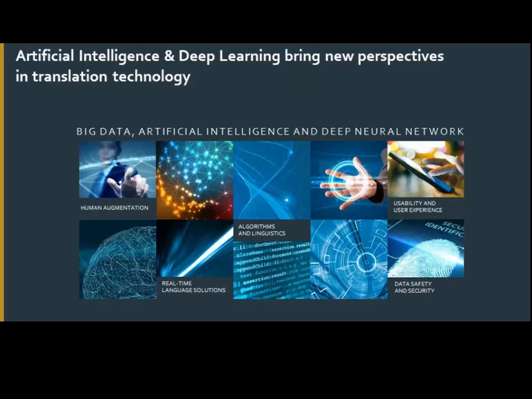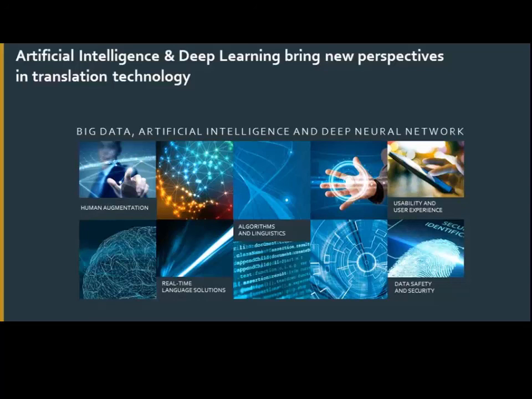Because of the convergence of 3 phenomena: big data, the progress in artificial intelligence algorithms, and also the computing power of machines, because you really need computing power to work with AI in languages. These 3 phenomena allowed artificial intelligence to be applied to text and to translation.